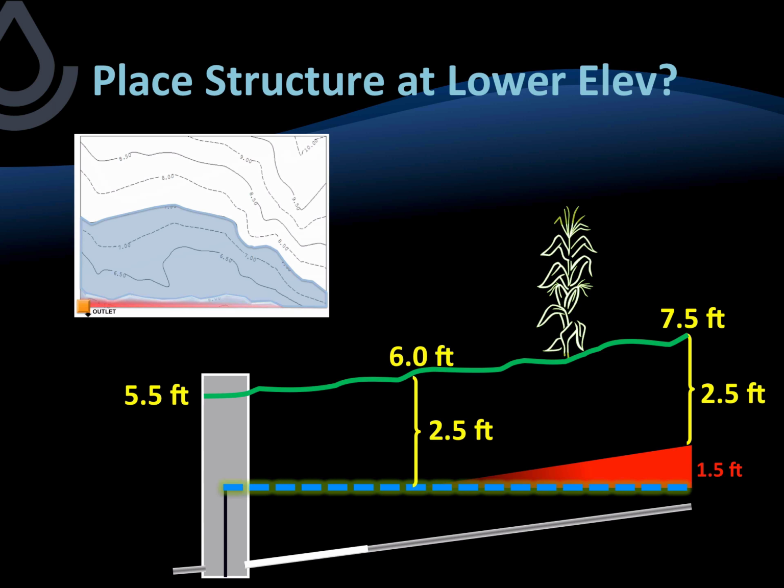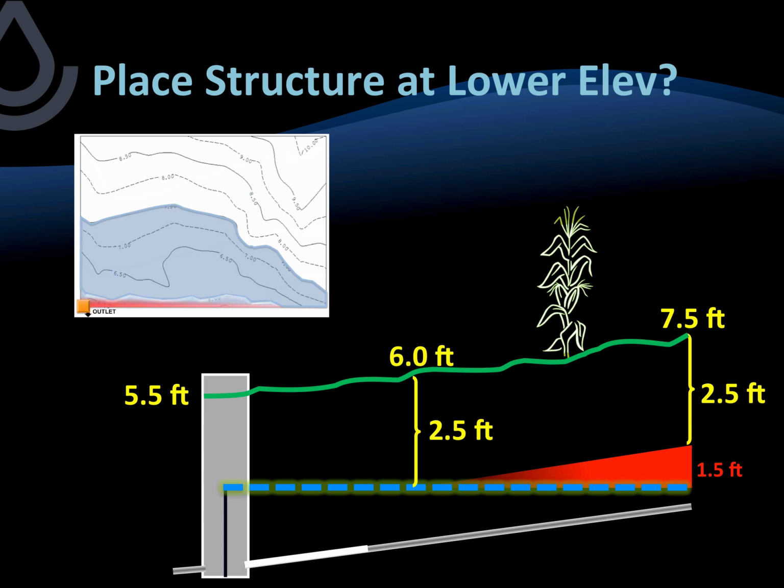So what's happening between the structure, which is at 5.5 feet, and the 6-foot contour line? Well, as I've tried to indicate in my field illustration up there, what's happening now is we're also going to be off from our target depth, but in the opposite direction.